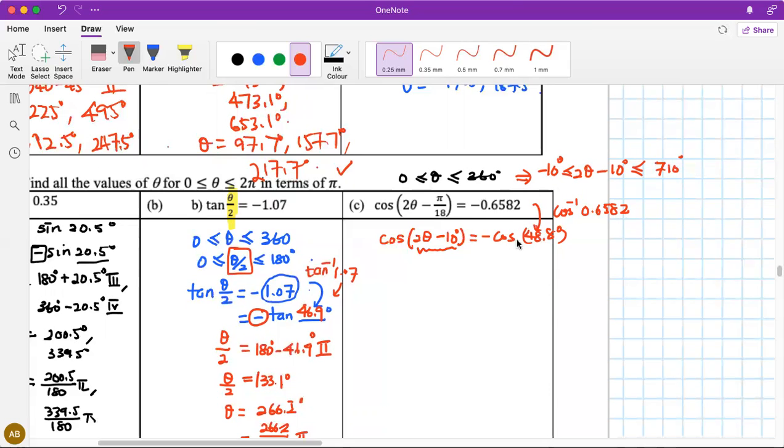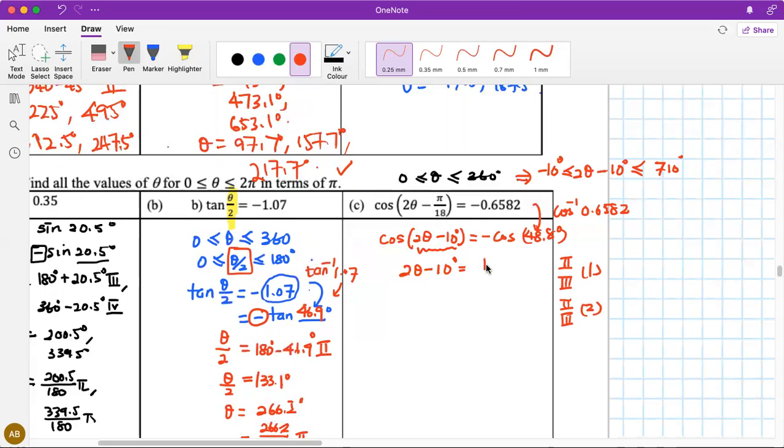So the angle that we want for cos, for this equation, 2 theta minus 10 degrees, is in quadrant 2 and 3, and 2 and 3 again. That means this is the first cycle, second cycle.